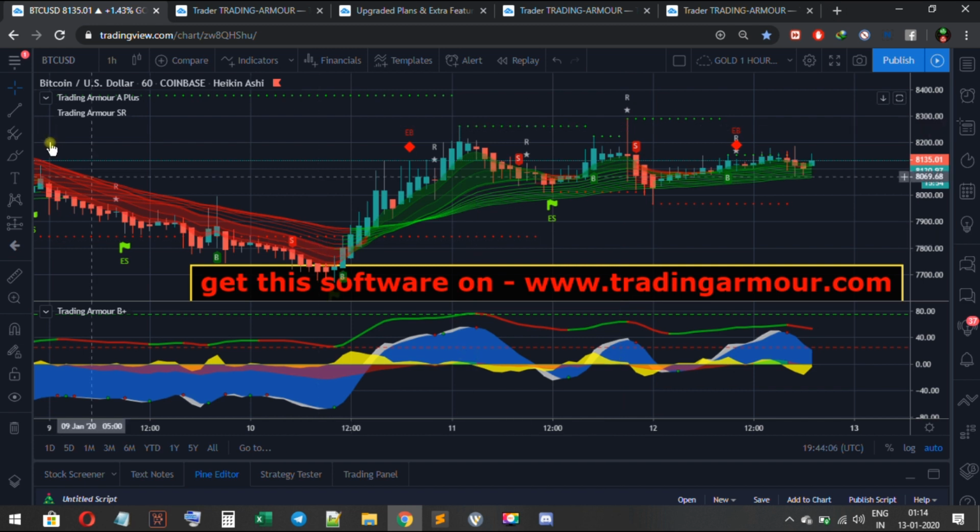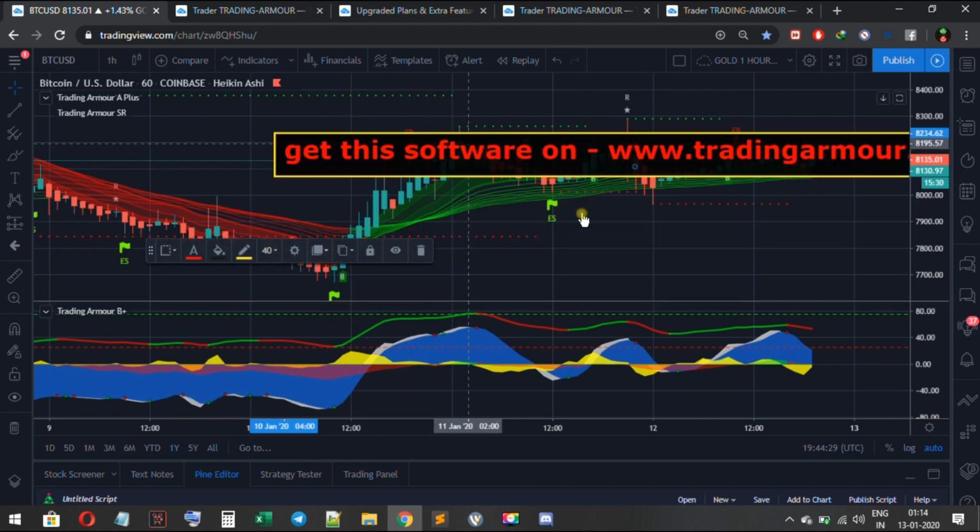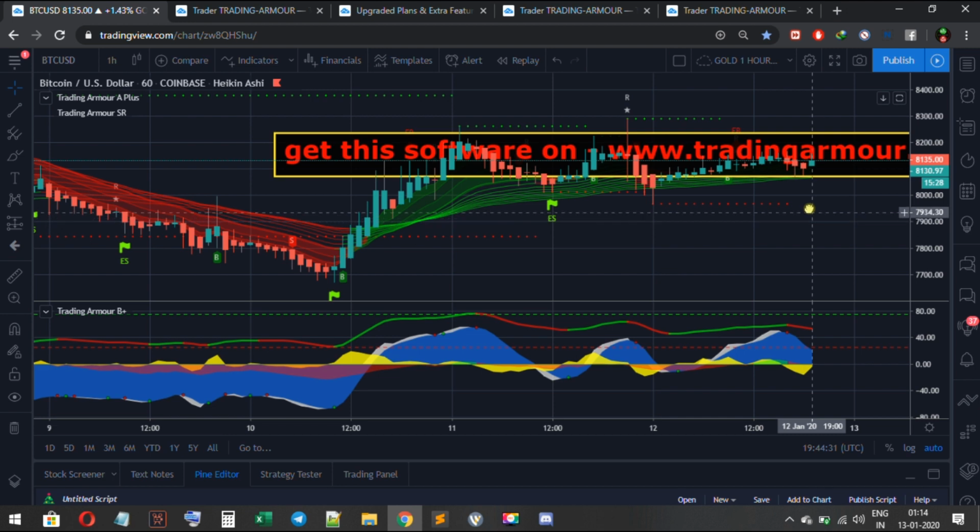These three indicators are usable for any kind of market and any kind of time frame. They are Trading Armour A+, SR and B+. These indicators tell you buy and sell signals. B for buy, S for sell, EB for end buy, and ES for end sell.